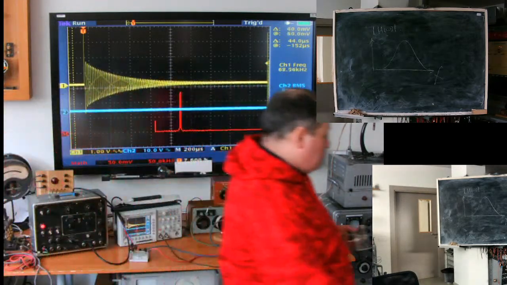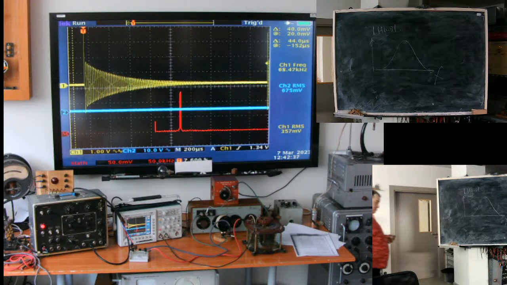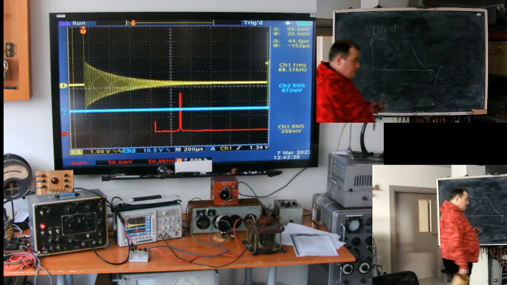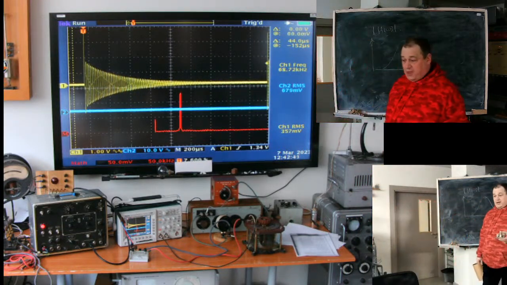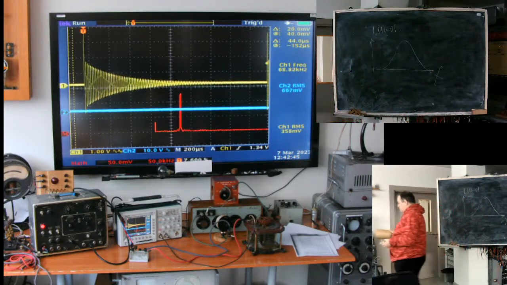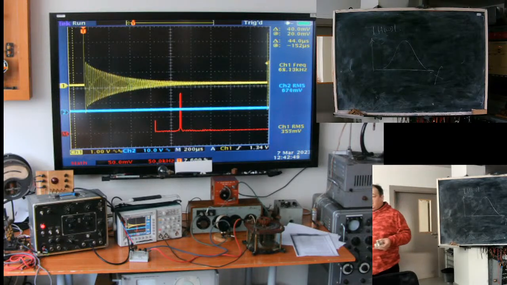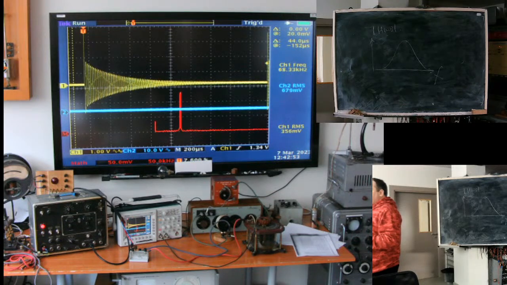Such a network, what's the purpose of such a network? To act as a selective network in communication technique when we need to separate a short band of frequency from all possible. In our case, in power engineering, we analyze such a network, let's say, in a negative way.